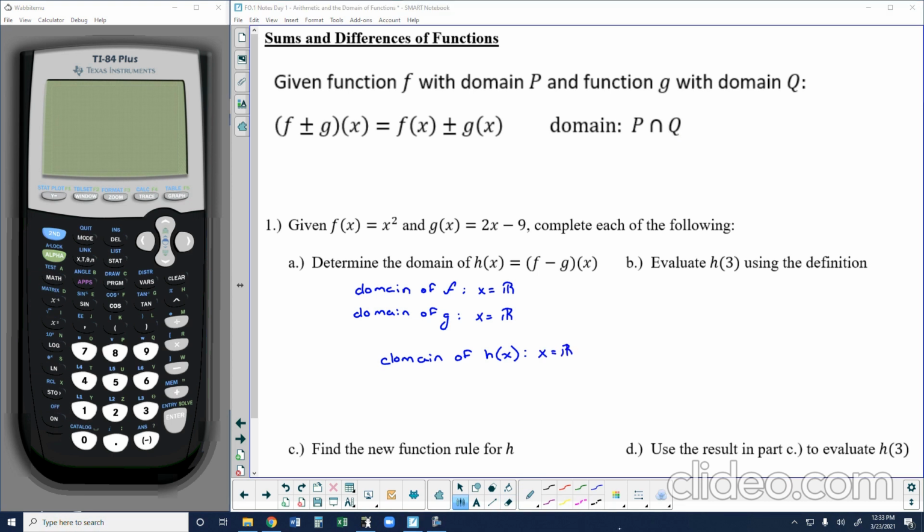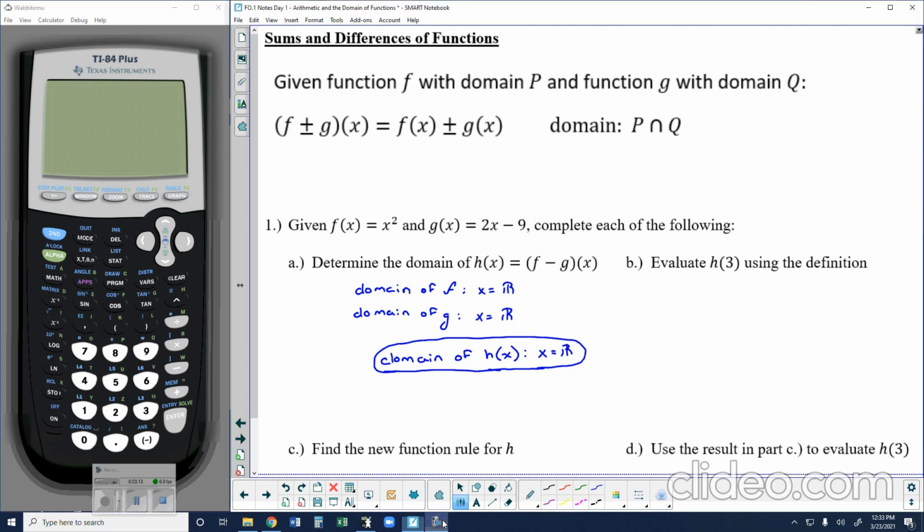So if we were to take h of x as the subtraction of these two functions, and we could do that in our calculator, we would see that the domain would go from negative infinity to positive infinity. So without doing any arithmetic or computations with the functions, we can look at the domain of the individual pieces and determine what the domain would be if that function was added or subtracted to one another.